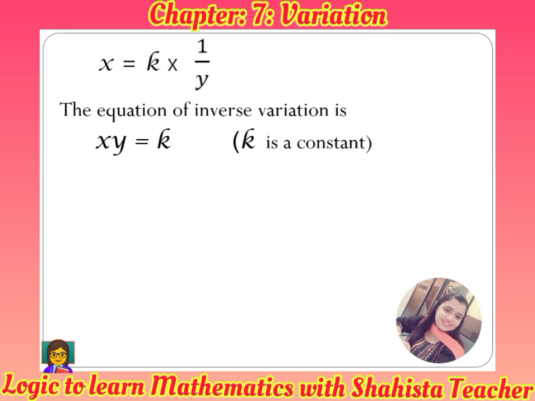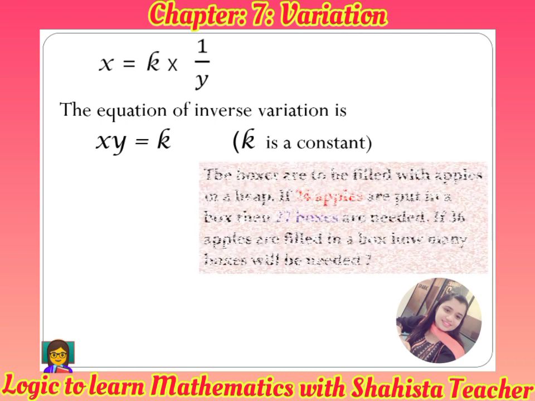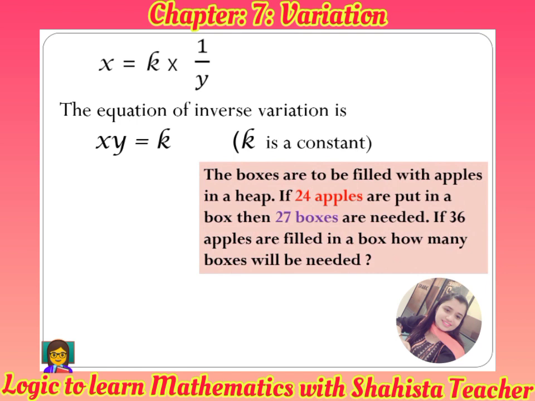Now look at this question. I am going to show you your question. The boxes are to be filled with apples in a heap. If 24 apples are put in a box, that means 24 apples is x. And then 27 boxes are needed. That means y is equal to 27. Here we have to find the k value. K is nothing but constant.